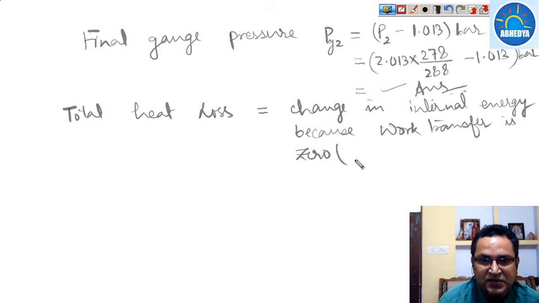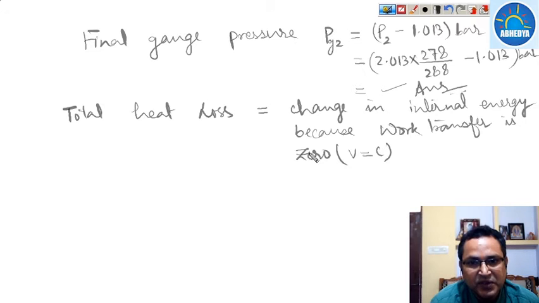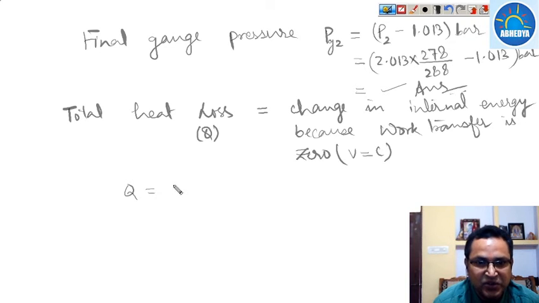And why is work transfer 0? Because volume remains constant. Okay. And why is it heat loss? Because the temperature is reduced. Okay. So let this heat loss I represent as Q. So this Q is nothing but equal to delta U, and this delta U is mCv delta T.